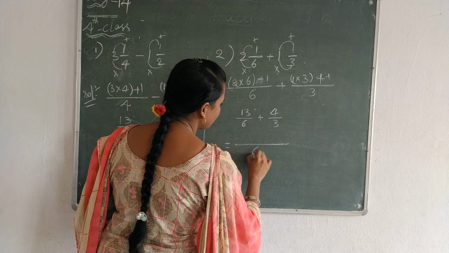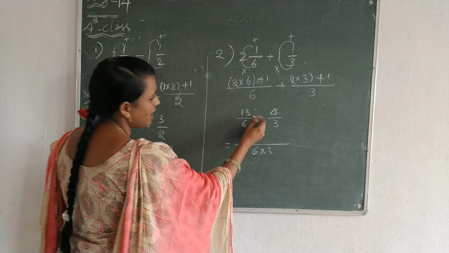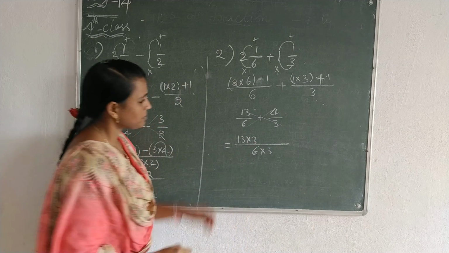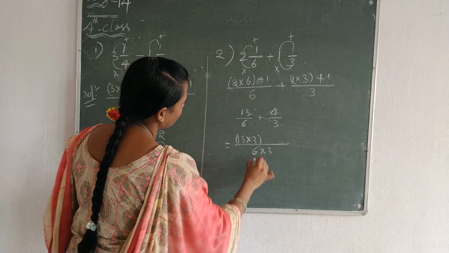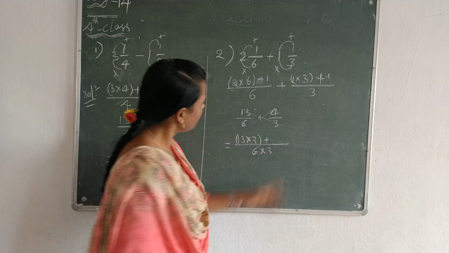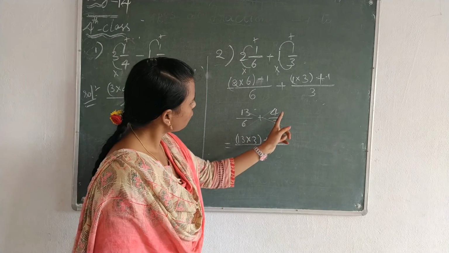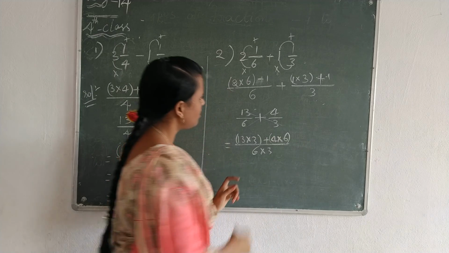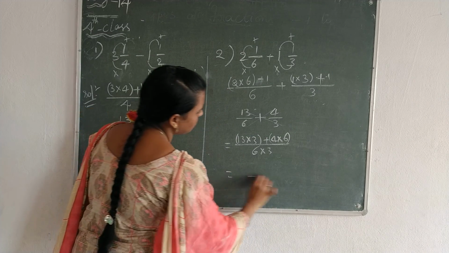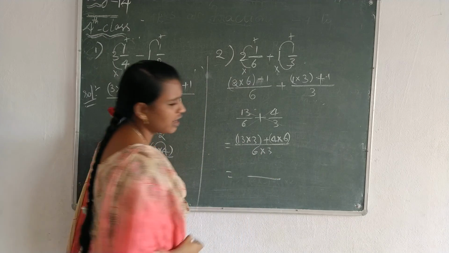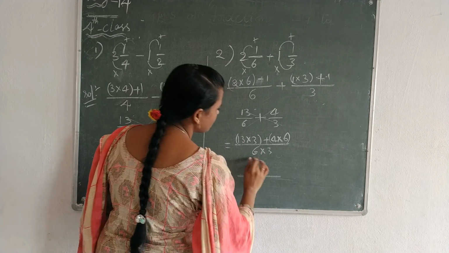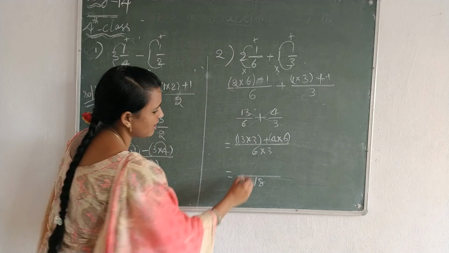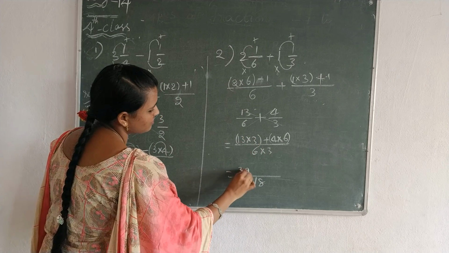Take the denominators 6 into 3 and cross multiplication: 13 into 3 plus 4 into 6. Let's see. Multiply both numerators and denominators. 6 3s are 18. 3 3s are 9. 3 1s are 3.